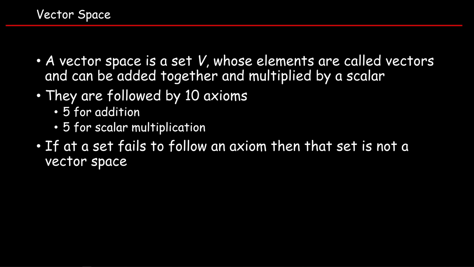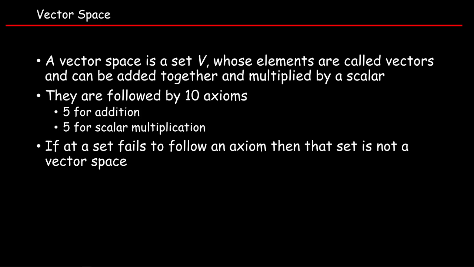And so if a set fails to follow any of these axioms, then it is not a vector space. So vector spaces are restricted under these 10 axioms. If you fail to follow at least just one, then it's not a vector space.